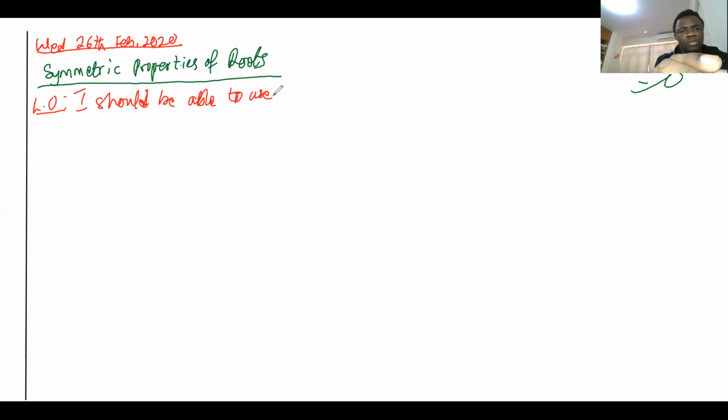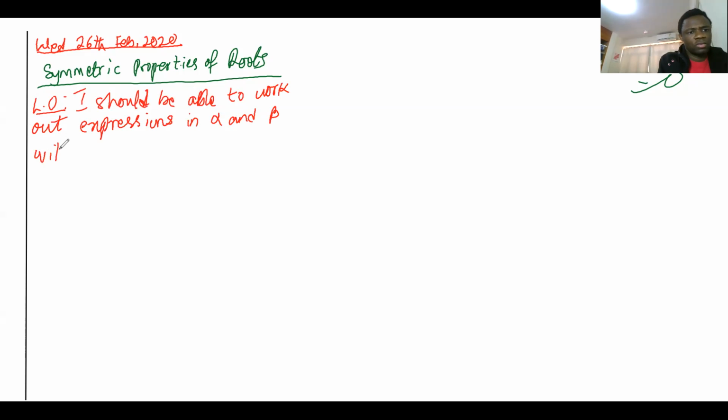I should be able to work out expressions in alpha and beta without finding alpha and beta. That's the main thing. We want to work out the expression in terms of alpha and beta without finding alpha and beta. Okay, so we go right to it.